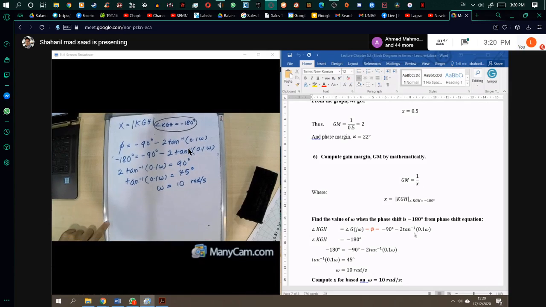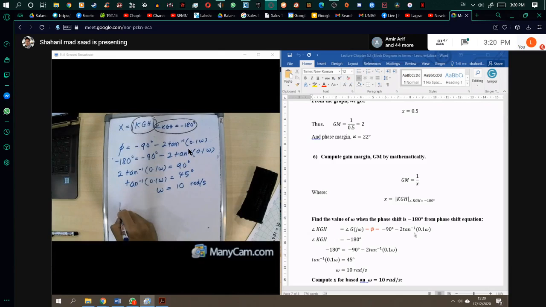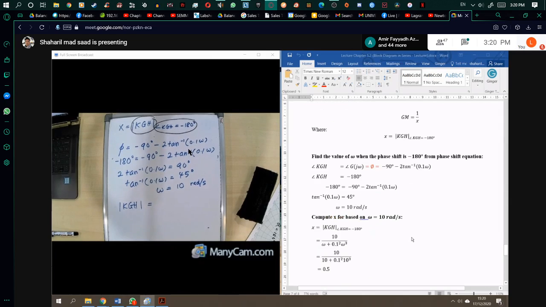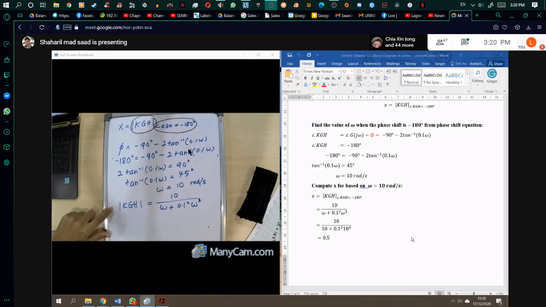Done. All right, and after that, after the second step, you can solve this one. We already got KGH equal to 10 divided by omega plus 0.1 squared omega cubed.